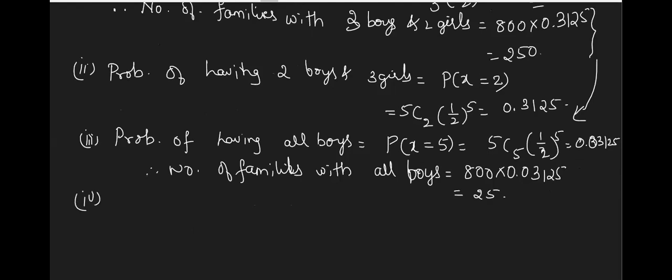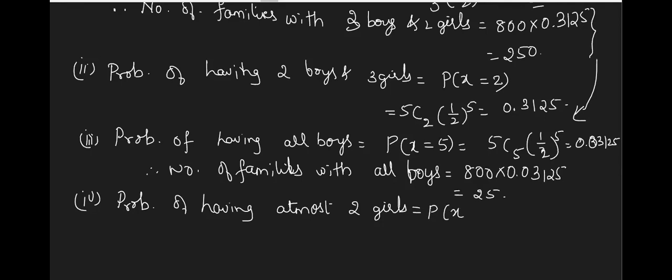Okay, the fourth one. Probability of, what is the condition? Having at most 2 girls. Now here you can just reverse it because P and Q are the same values. You can reverse it and directly take at most as less than or equal to 2.